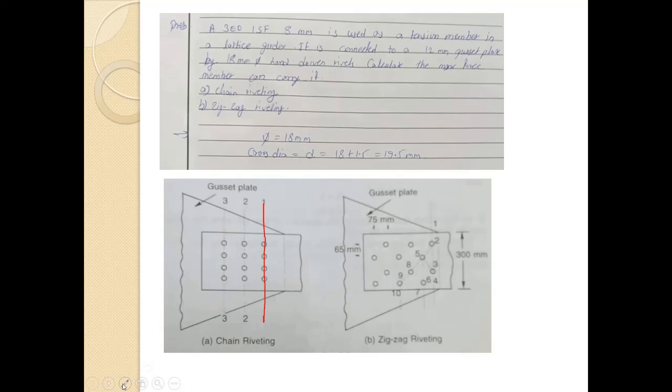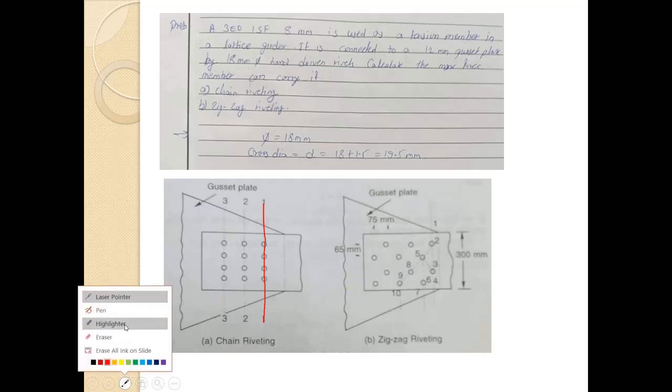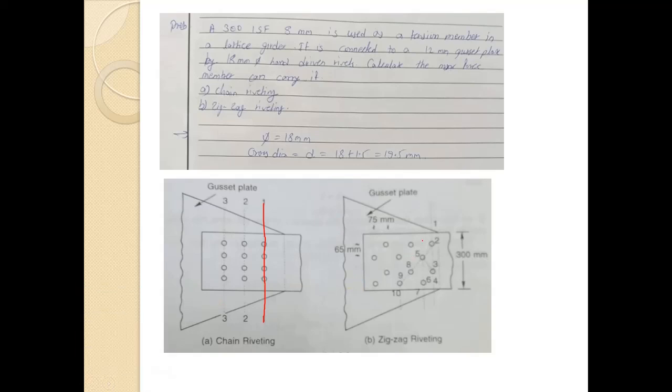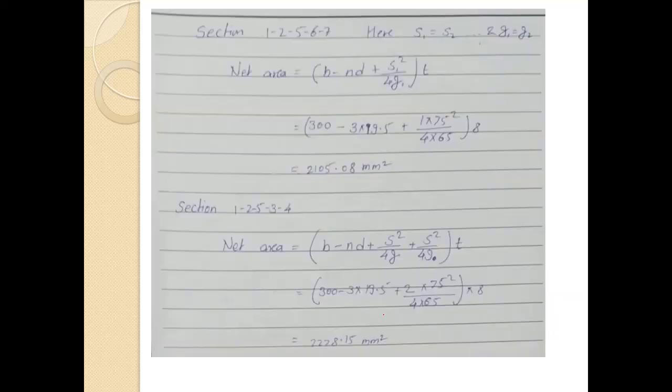We'll draw the section over here. This is the section 1, 2, 5, 6 and 7. Now what will happen? Here S1 equals S2 and G1 equals G2.